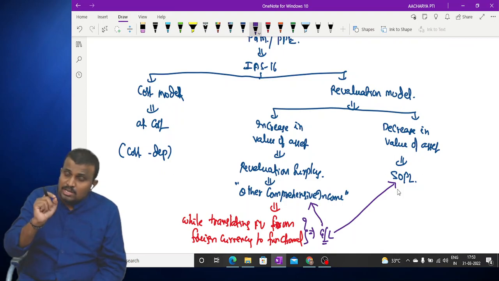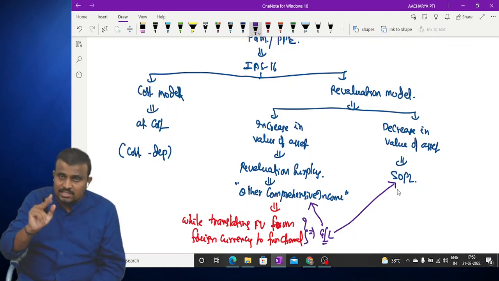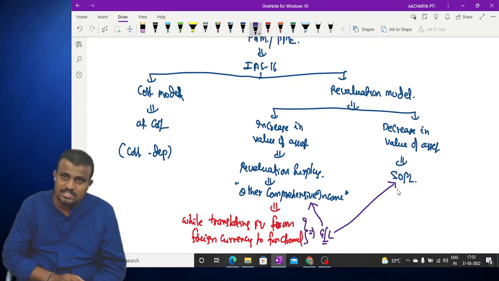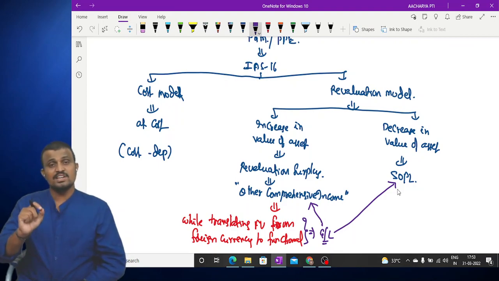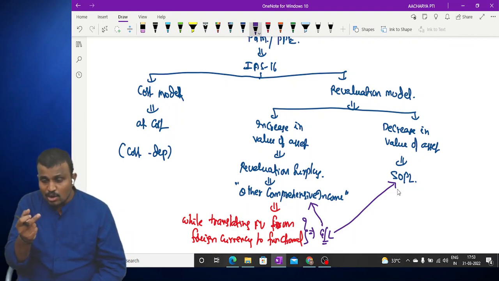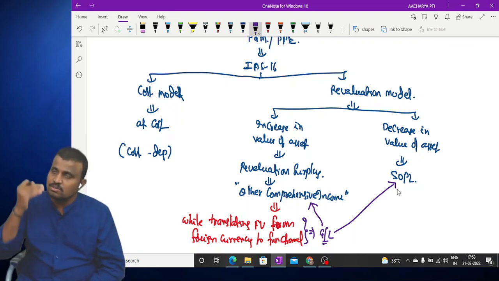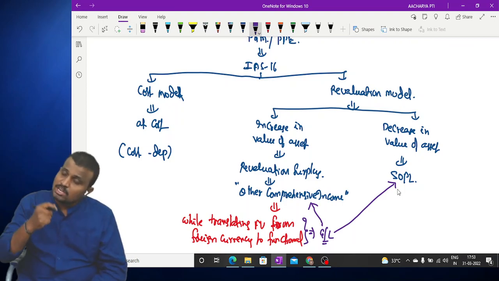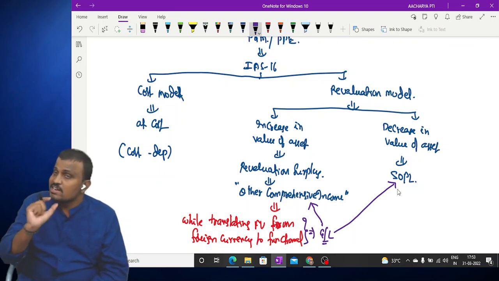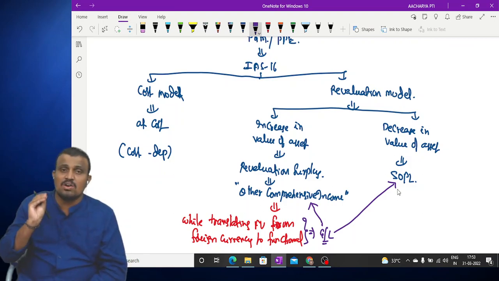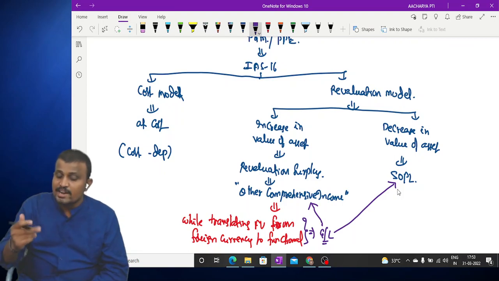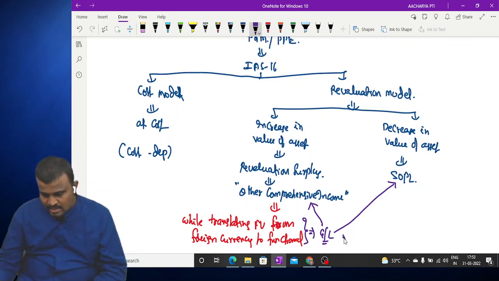Then, since the fair value is altered, we verify any change in exchange rate, and on the date of the balance sheet we have to translate that fair value from the foreign currency to the functional currency. While translating, any gain or loss created is accounted as per IAS 21.